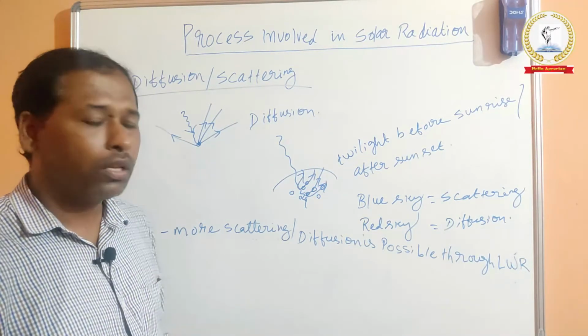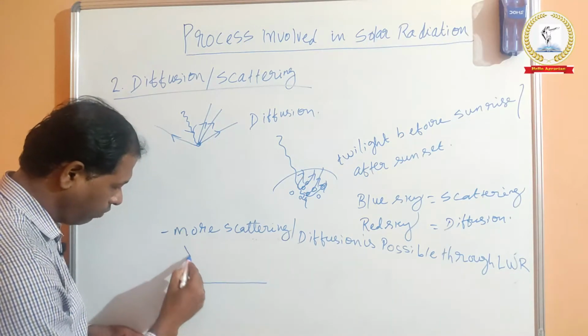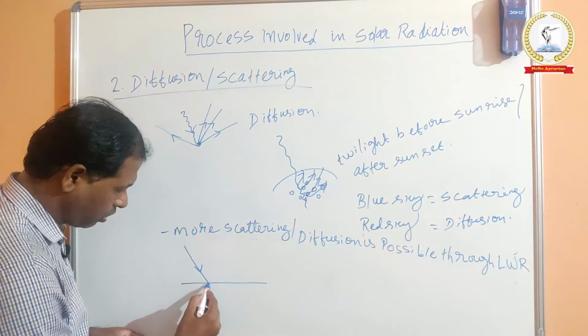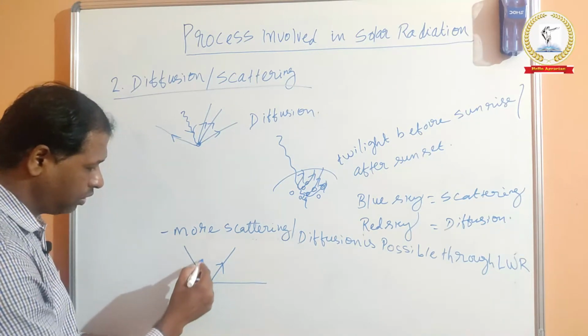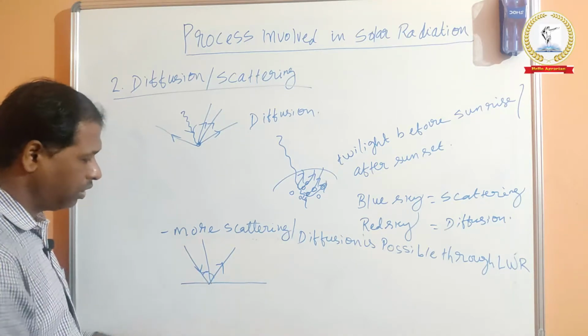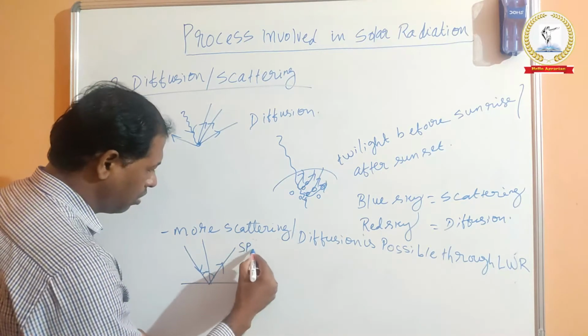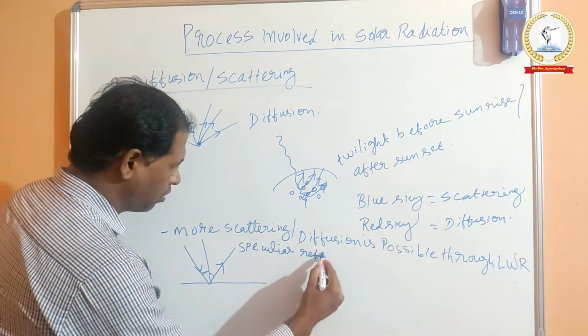In our earlier topic about reflection, when light falls on a smooth surface, it reflects at the same angle, isn't it? That is called specular reflection.